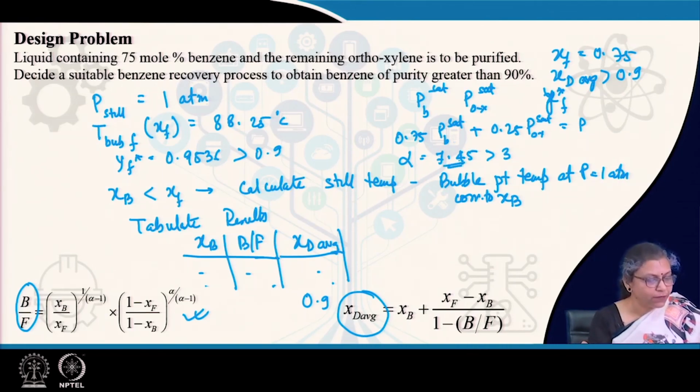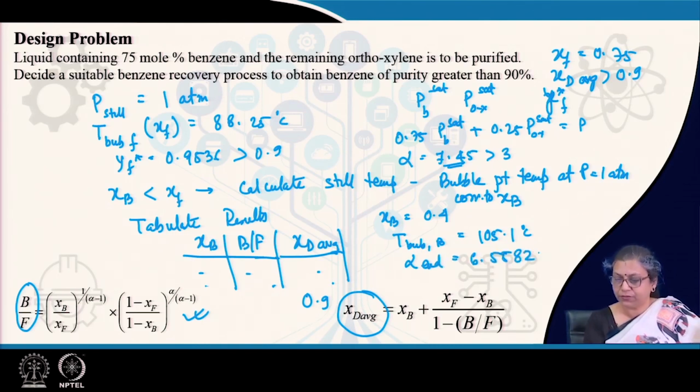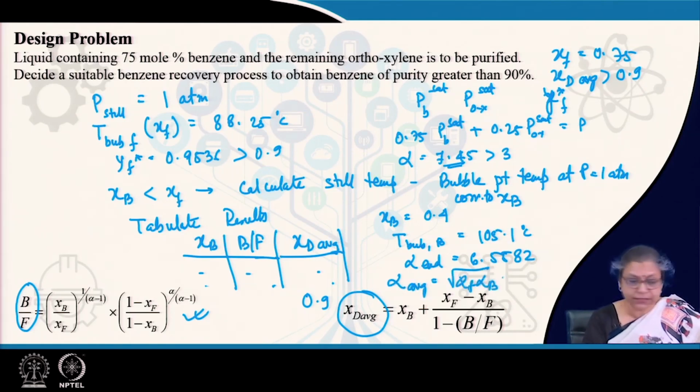At the end, what I found was that for xb equals 0.4, the T bubble point for the bottoms was 105.1 degree centigrade, and therefore the alpha at the end, if you calculate, is equal to 6.582. As a result we had used the alpha average in this case, and we had done the entire calculations with an alpha of 6.9929, and the graphs have been generated from that.